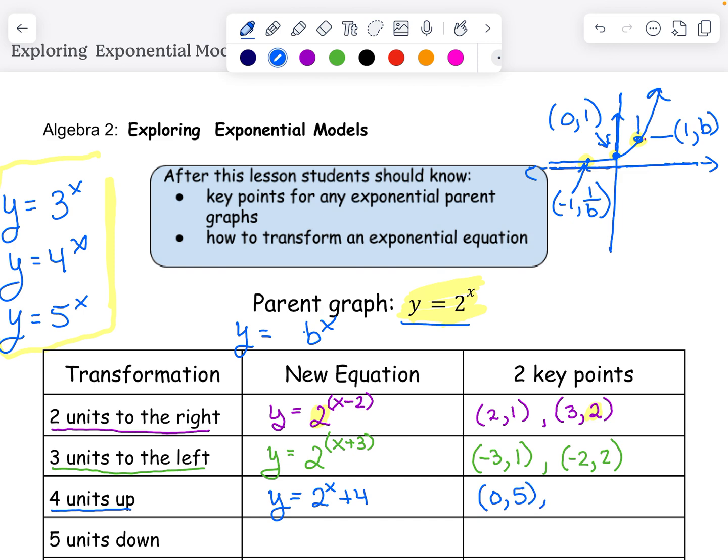And we're going to take this one and move it up 4. So we're going to still be at 1, but we start at b, so that's 2 plus 4 is 6. This one would be our 2, our base, plus 4.